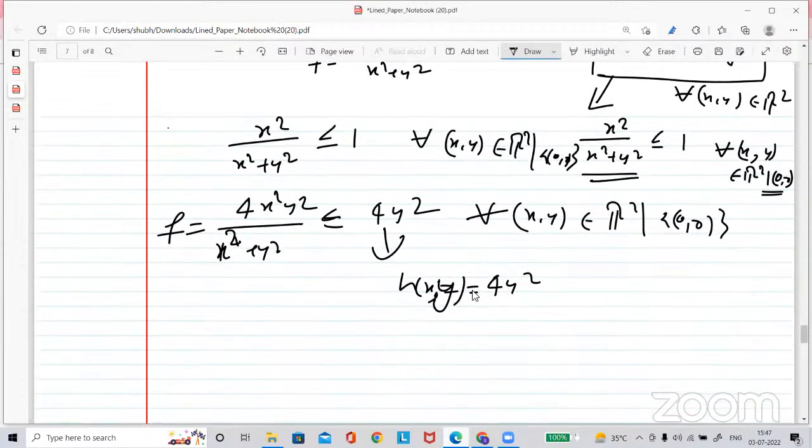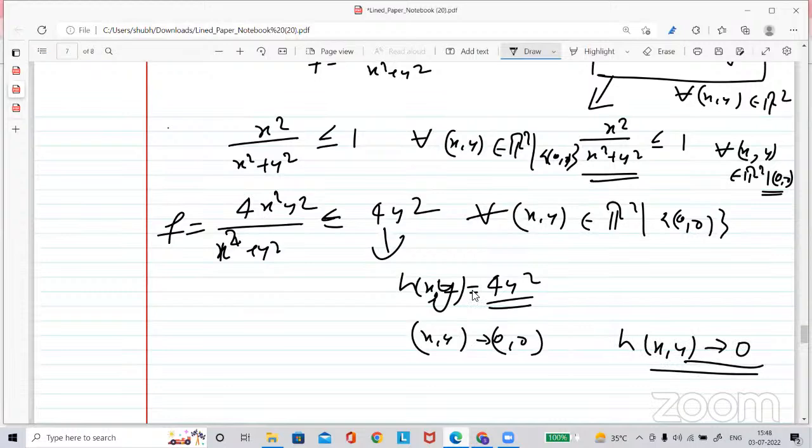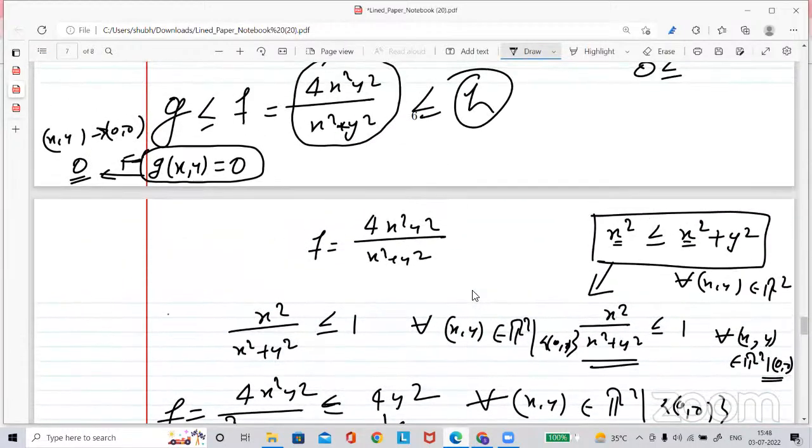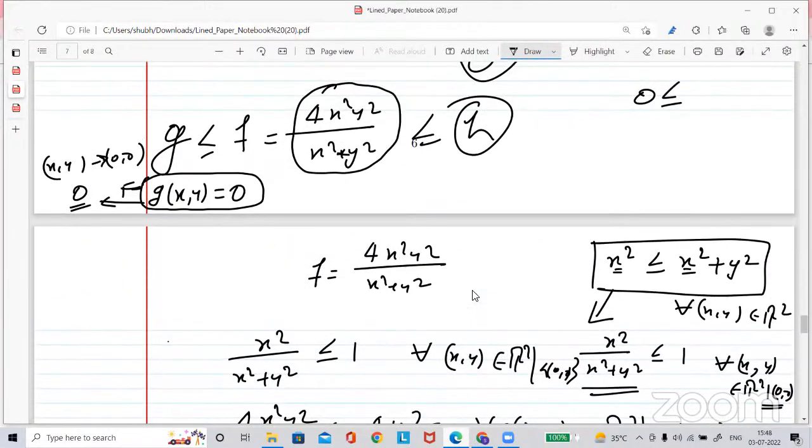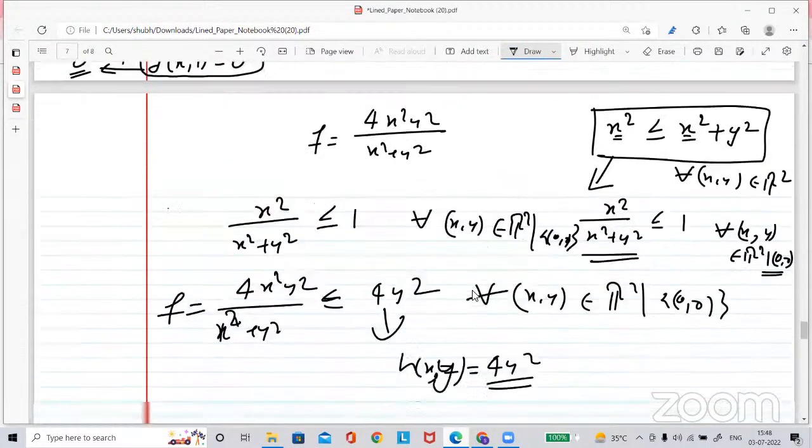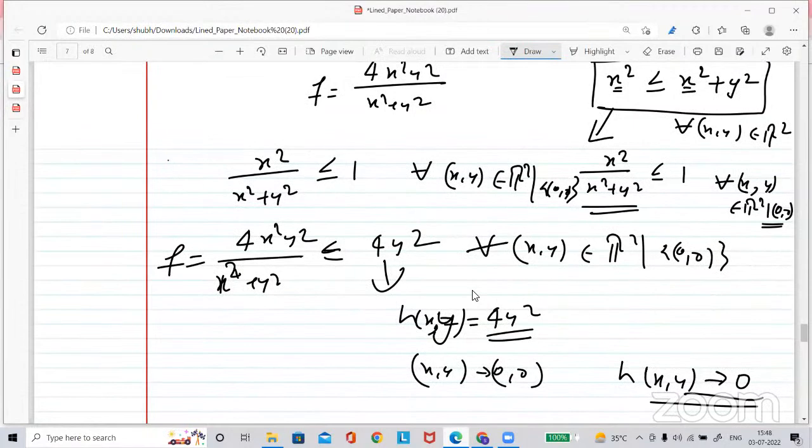Now see that as xy goes to 0, 0, this function h is going to be 0. There is no x, so it still works. We are able to find the limit of it, and it goes to 0. h of xy will go to 0. We want to find the limit as xy goes to 0, 0.